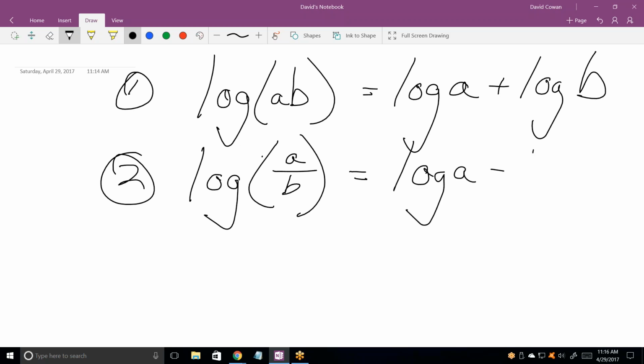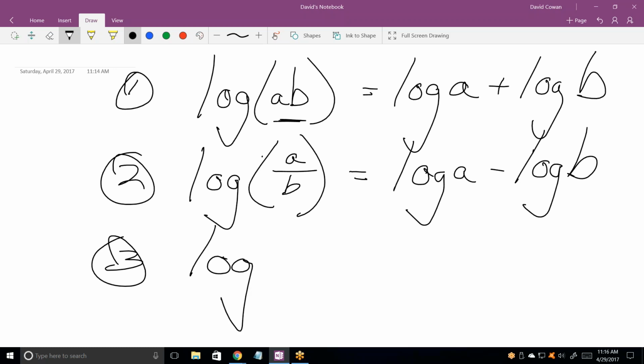The thing to remember is you're never doing the same thing as the argument is doing. If the argument is multiplying, you are adding. If the argument is dividing, you are subtracting. And finally, the third rule is the log of a to the b power, which is exponentiating, is b times the log of a.